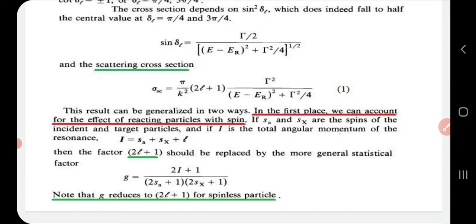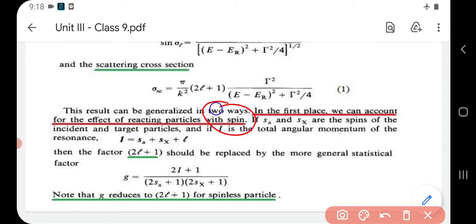If SA and SX are the spins of the incident and target particle, and if J is the total angular momentum of the resonance, J is given by SA plus SX plus L, then the factor 2L plus 1 is replaced by a more general statistical factor G, and G reduces to 2L plus 1 for spinless particles. The value of G is this expression for particles with spin, whereas the expression for G will be 2L plus 1 for spinless particles.